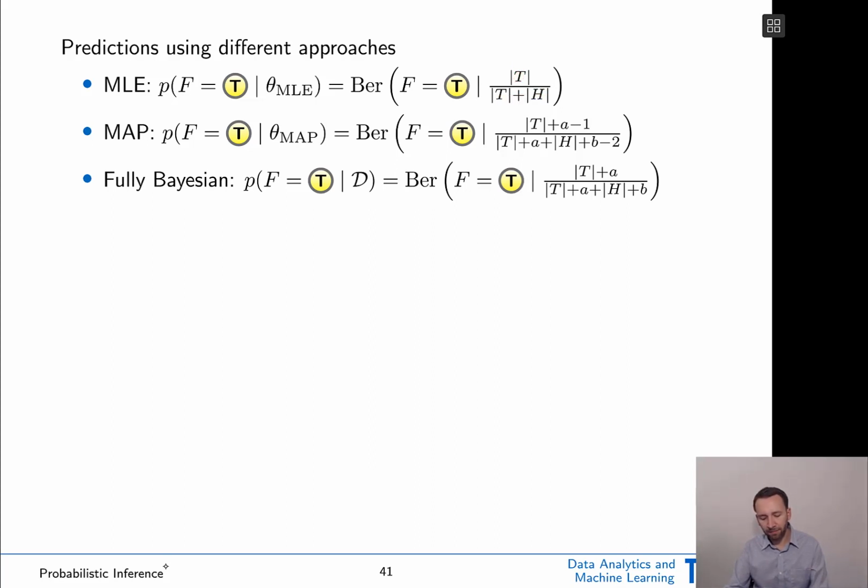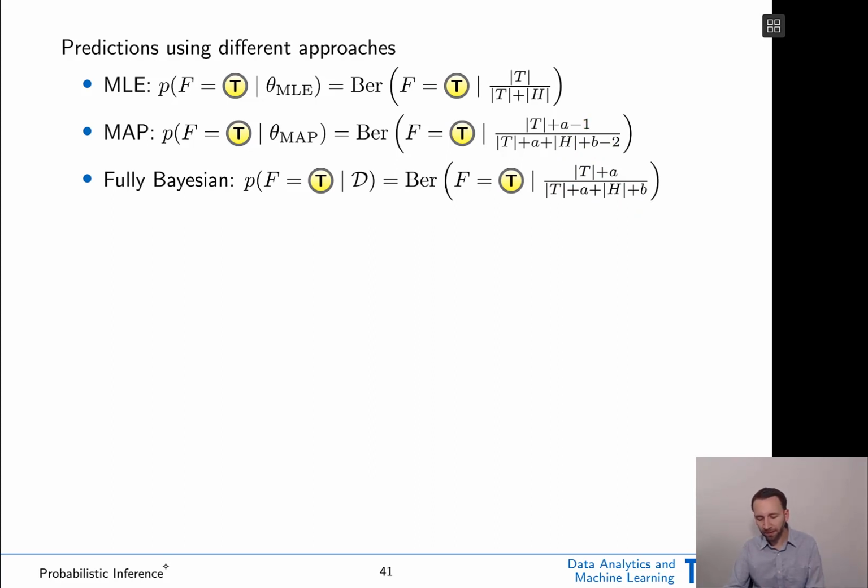Then we had our MAP estimate, where we had additionally this kind of prior knowledge incorporated, with this A minus 1 and this minus 2 term. And then finally, in the fully Bayesian view, we also had a Bernoulli where this was the result. Okay, you see this is extremely similar to this one, but we are missing the minus 1 and the minus 2 here.